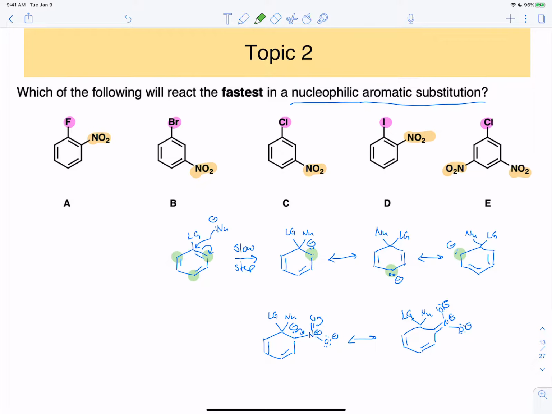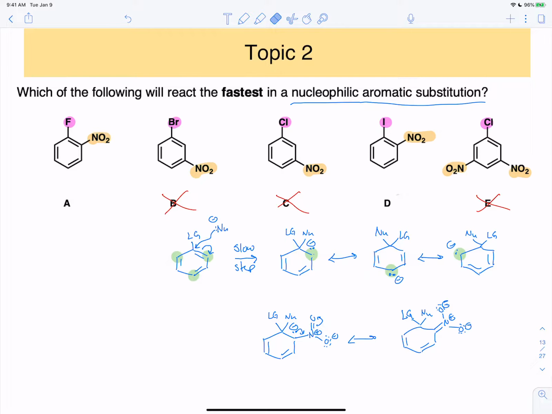So based off of that, we can say that B, C, and E are not going to be good options. Even though they have nitros, and E even has 2 nitro groups, they're not going to have the same stability because they're in the wrong position. They'll have inductive stabilization, but that's not enough to break aromaticity. You really need to be able to make a resonance structure.